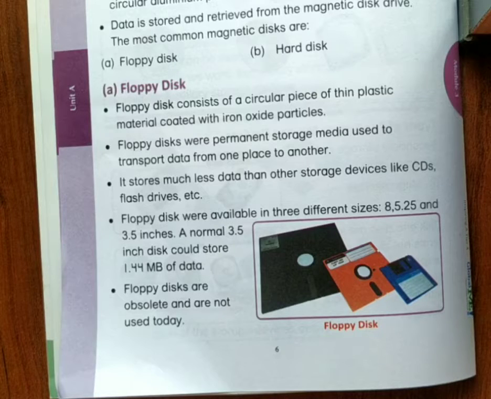Normally a 3.5 inch disk could store 1.44 MB of data. Floppy disks are obsolete and not used today. Obsolete means we are not using it. Long back it was used; it's not like we left it 1 or 2 years ago, it was left long back. Have you got it, children, about the floppy disk?